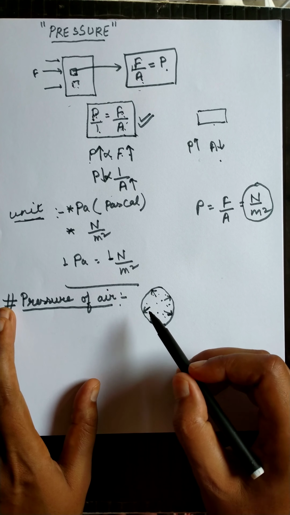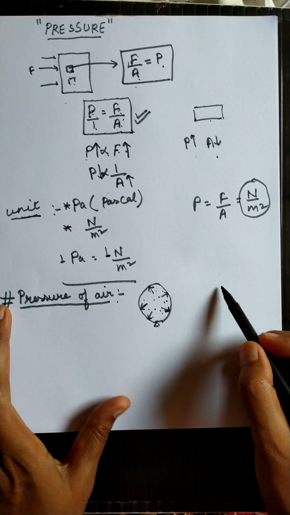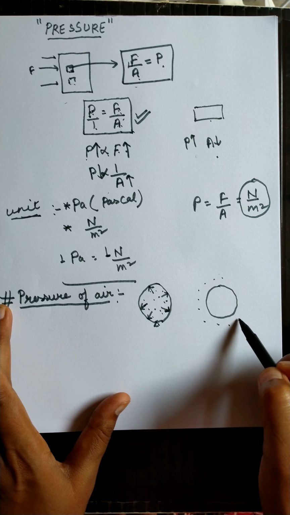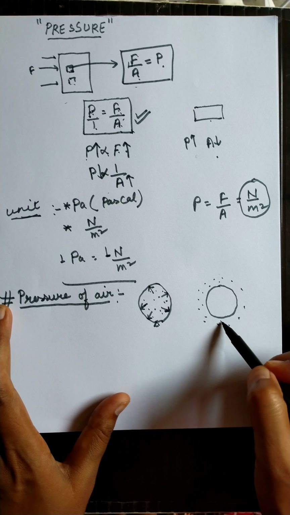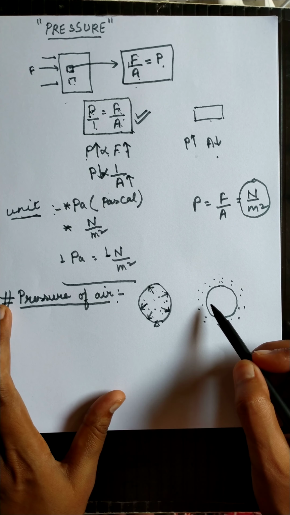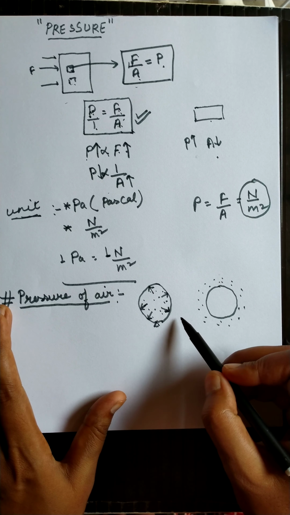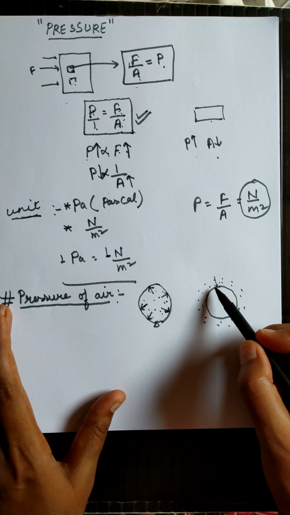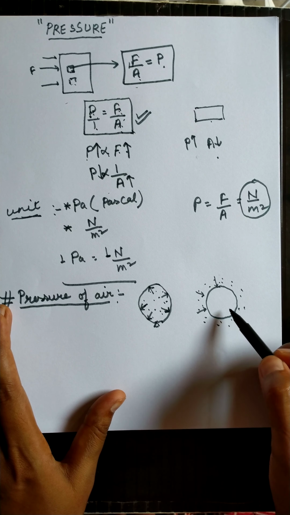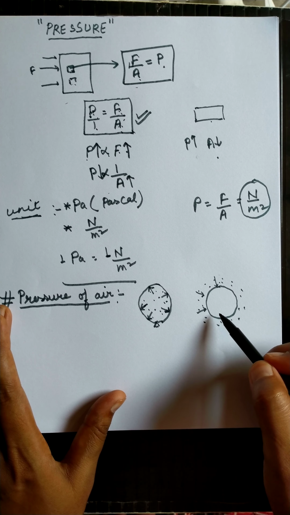In the same way, around the earth we know that the atmosphere is there. There is a layer of atmosphere in which different atmospheric gases are present, and these atmospheric gases also apply force on the earth as well as on different objects on the earth.